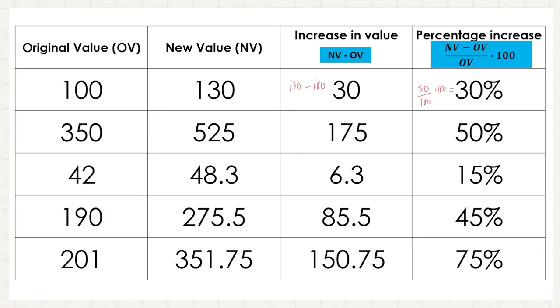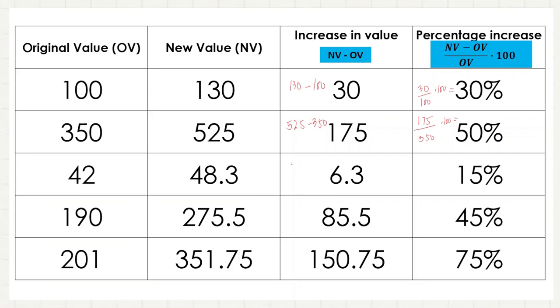So for the second original value and new value, we have 525 as the new value minus 350. That is why it became 175 in increase in value. So for percentage increase, we're going to have 175 divided by the original value, which is 350 times 100, which is equal to 50%.